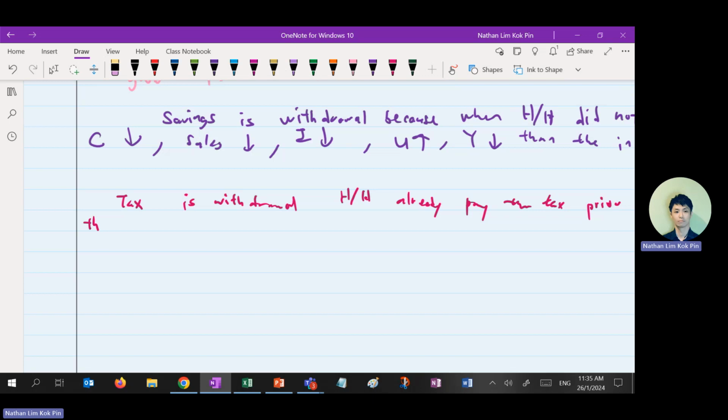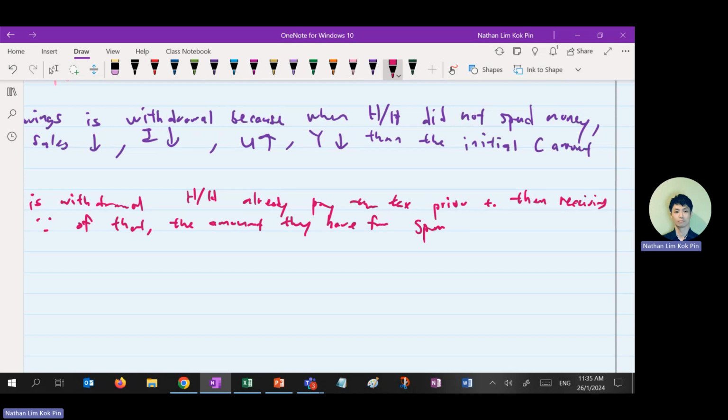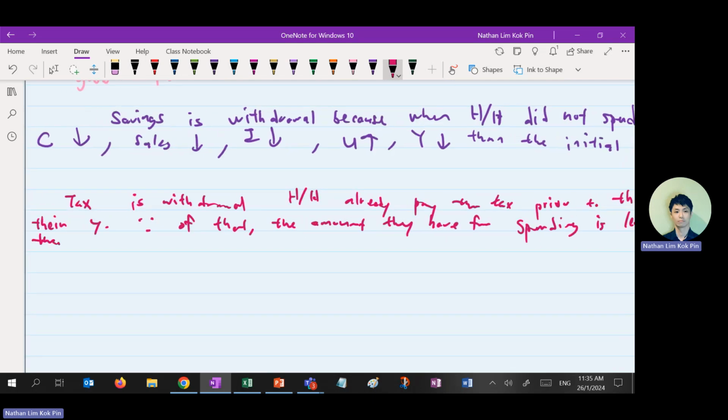And because of that, what happened? The amount they have for spending is actually lesser than their gross income. Hence, consumption, same thing, goes down. Income goes down, consumption goes down.